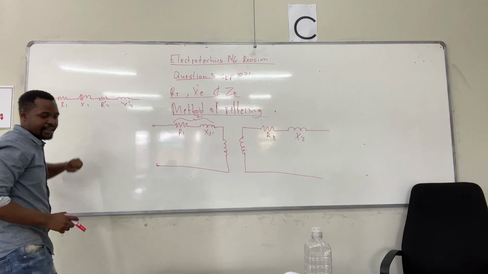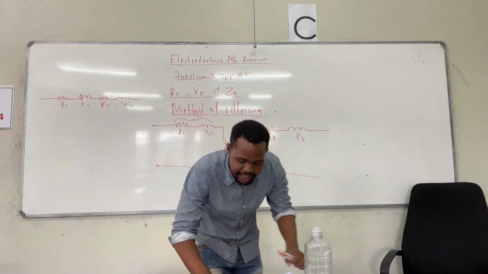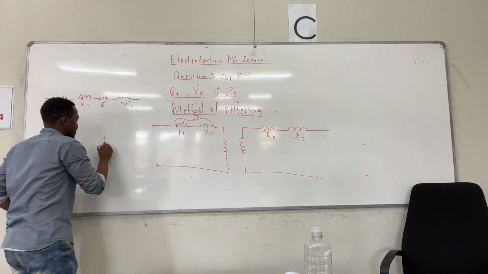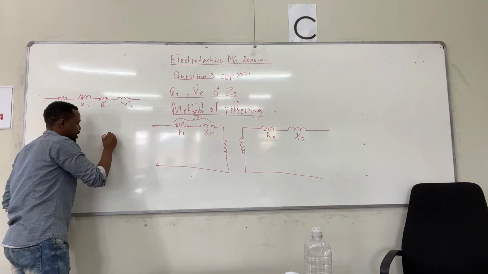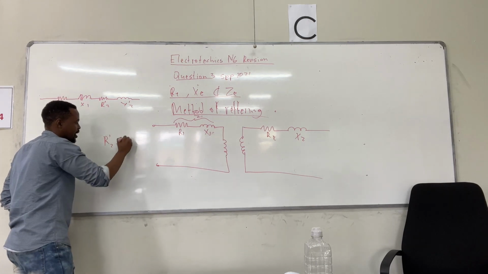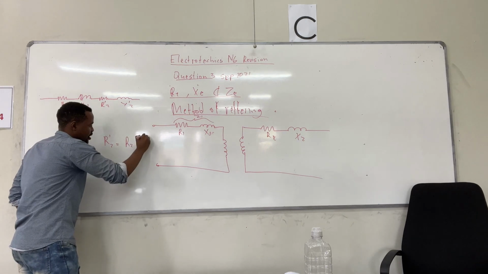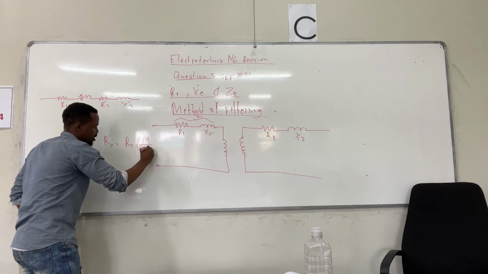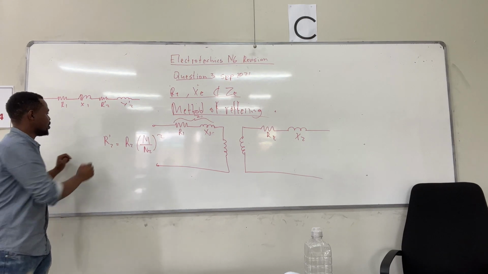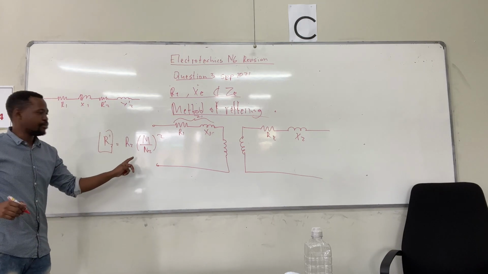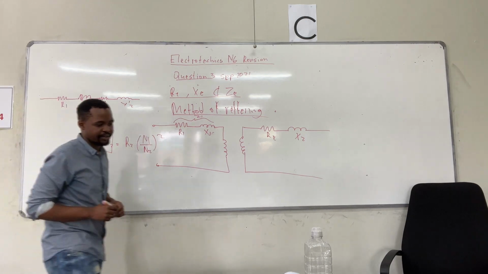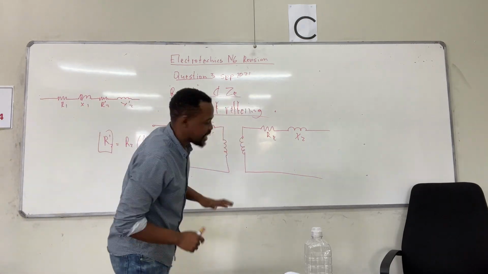The secondary resistance referred to the primary winding is given by R2 times (N1/N2)², because we are not always given this value, but we use the actual resistance and the transformer ratio.